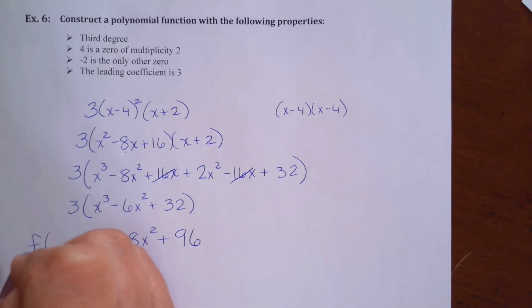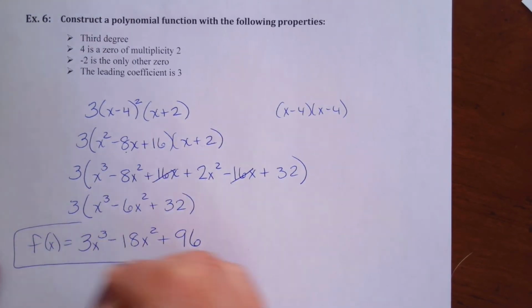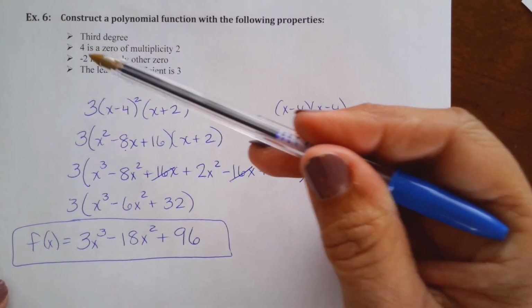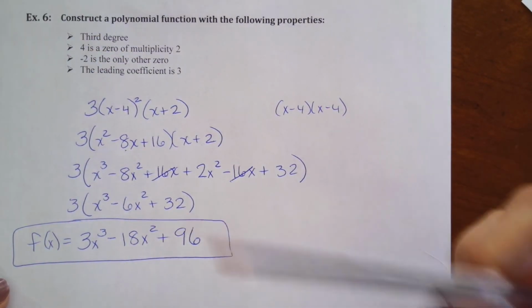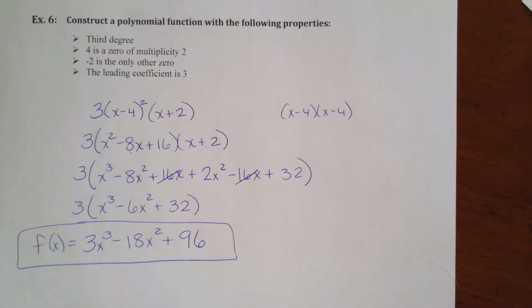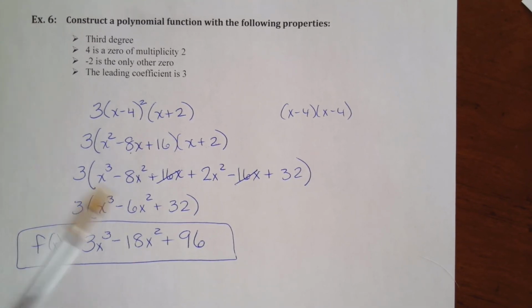So there would be a function who has a root of 4, a root of negative 2. It's third degree. Okay. So just follow with what they give you, and then you do need to multiply it out. So just be careful on your algebra.